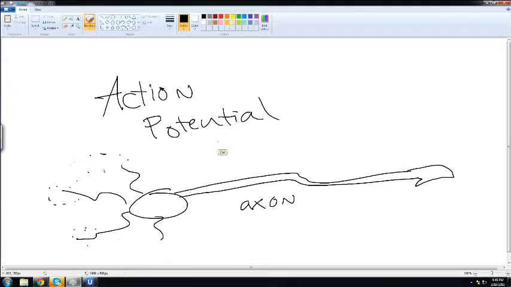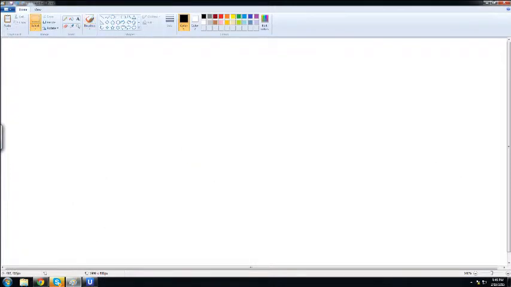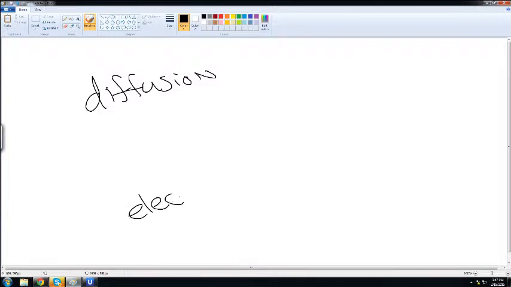When we deal with an action potential, all we have to really know about is the function of ions across the membrane. In understanding the interaction of ions in the neuronal membrane, we need to know about two different processes. One is called diffusion, and the other one is electrostatic processes.